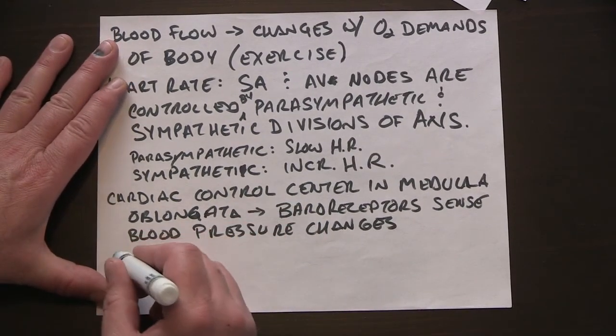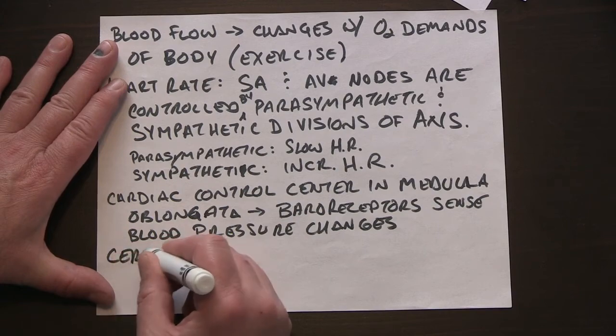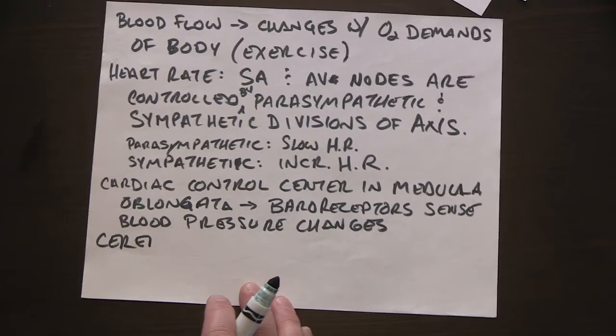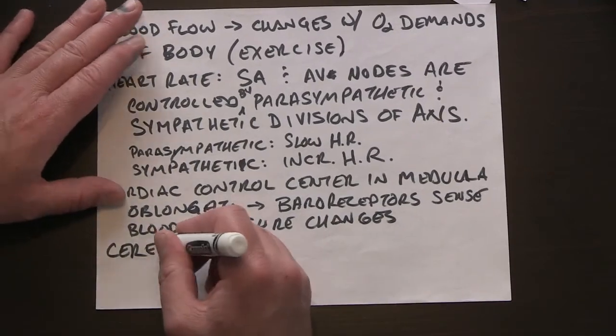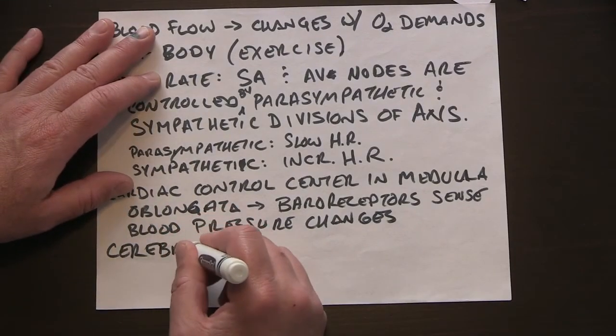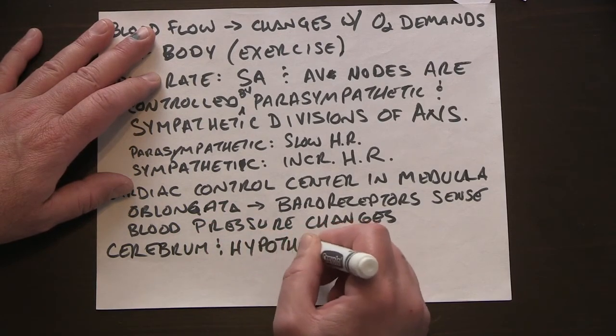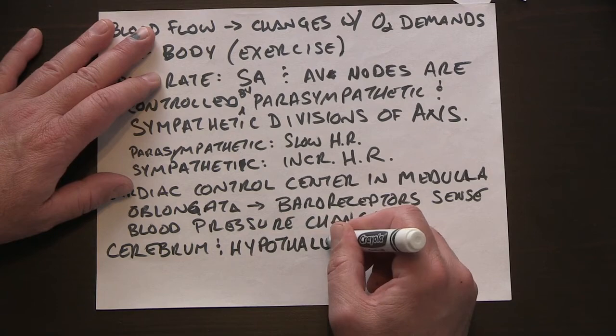There are also parts of the cerebrum and the hypothalamus. So this all has to do with regulating the heart rate and the cardiac cycle, right? They can have an effect.